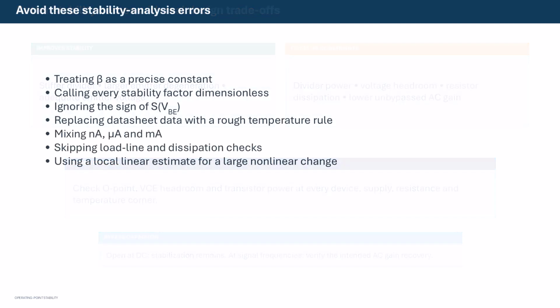The most common errors are treating beta as an exact constant, assuming every stability factor is dimensionless, ignoring the sign of the base emitter voltage sensitivity, and using a rough textbook temperature rule instead of data sheet information.